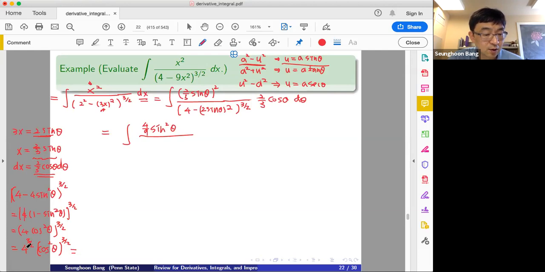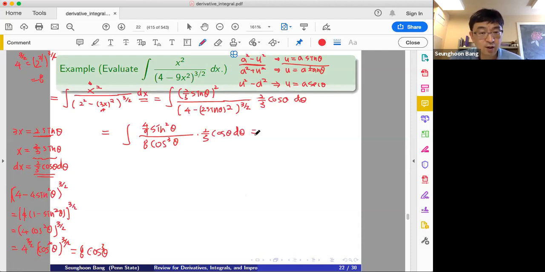So what is the answer? 4 to the 3 over 2 I can calculate. The 4 is 2 squared, to the 3 over 2. 2 is crossed out, 2 cubed is 8. So we have only 8. And cosine cubed theta. So here 8 times cosine cubed theta times 2/3 cosine theta d theta.